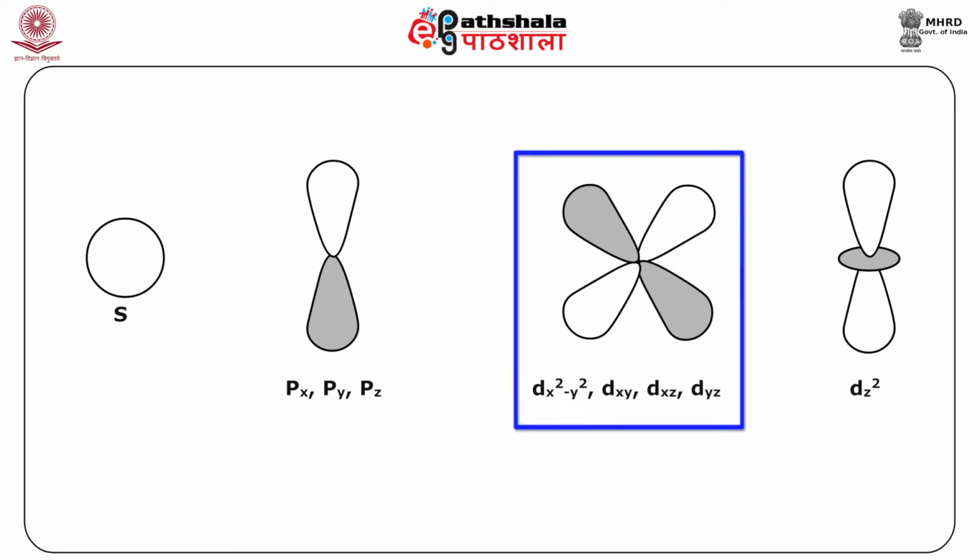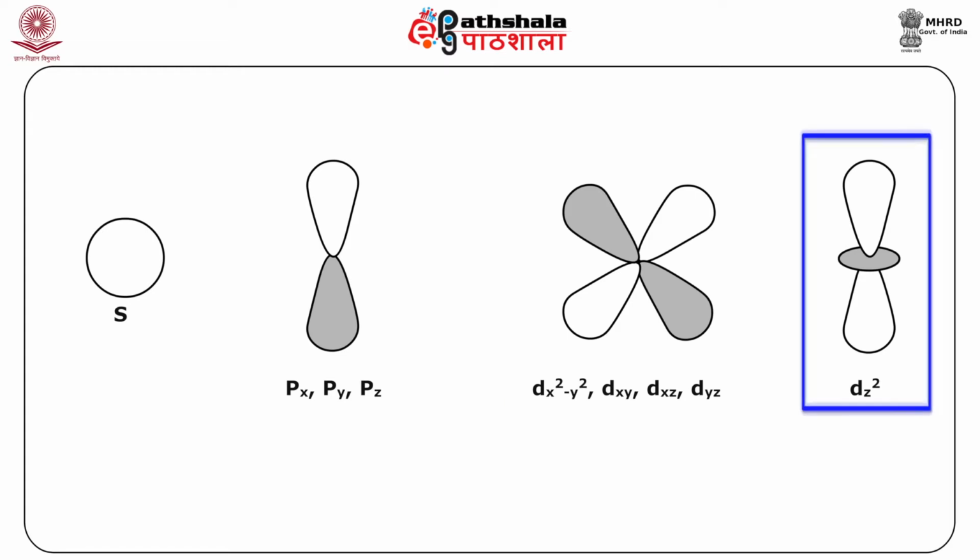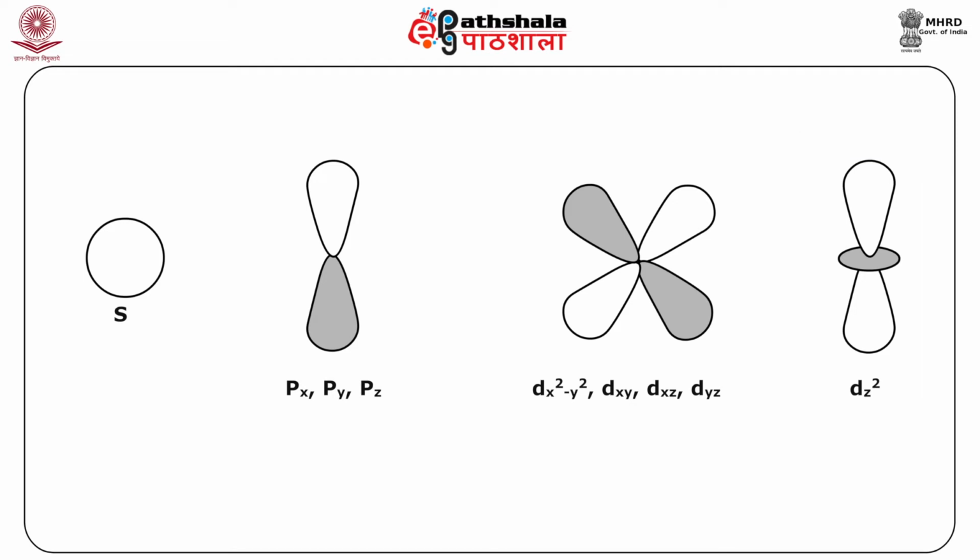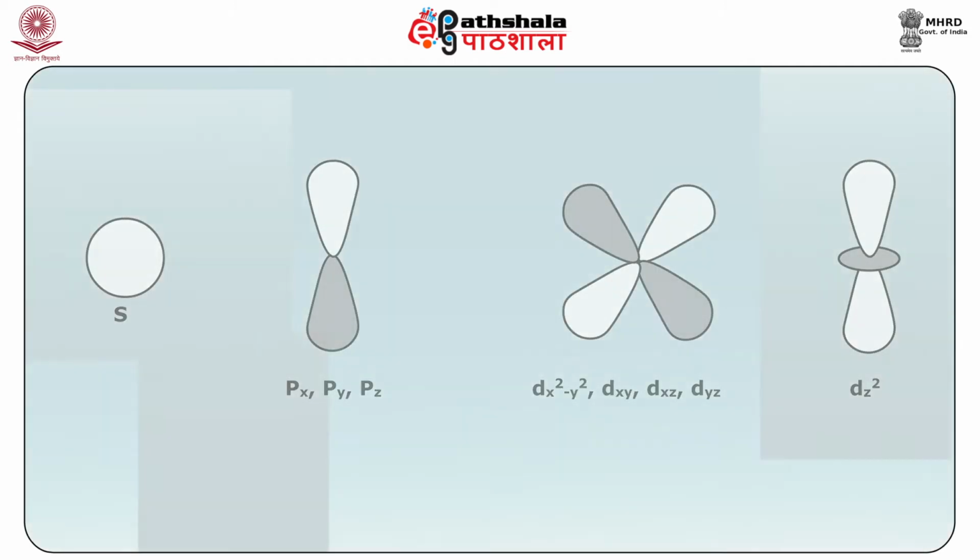But the d orbitals, if you look at the d orbitals, you find that the shaded portion, when you reflect a point from there through the center of symmetry to another point, it will again go to the shaded portion, and similarly with the unshaded portion. And this is the dz square orbital also, which also has the same property. So you find that s and d orbitals have even parity, p orbitals have odd parity, and f orbitals also, if you look at them, will have odd parity.